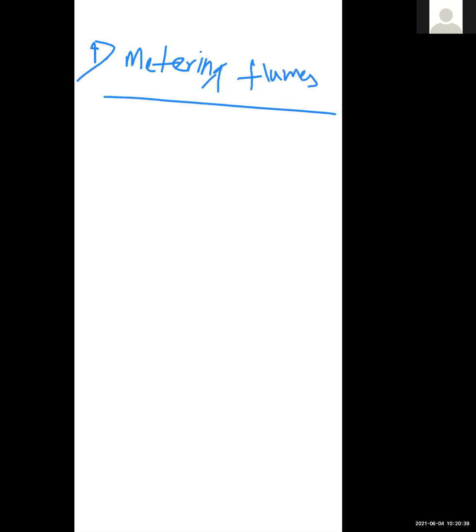It is a structure constructed in a canal for measuring its discharge accurately. So with the help of a metering flume, we can do discharge measurement accurately. We can find the discharge value accurately.